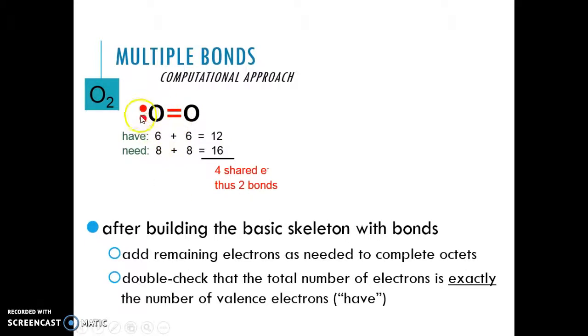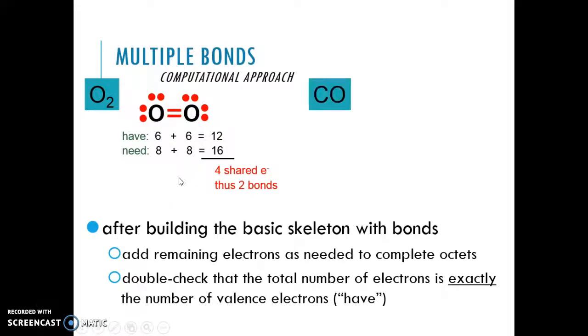So we're going to put 5, 6, 7, 8, 9, 10, 11, 12. So we've got all 12 electrons accounted for, but we have 16 essentially bonded because we've got 2, 4, 6, 8 for one oxygen, and then 2, 4, 6, 8 for the other oxygen.